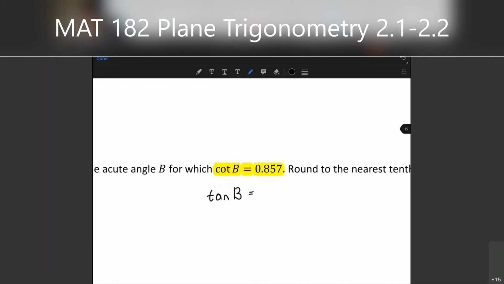So this would say the tangent ratio is just going to be 1 divided by 0.857. They're reciprocals of each other. The tangent of B is just 1 divided by that ratio. Now we have something that we could set up with a tangent inverse.